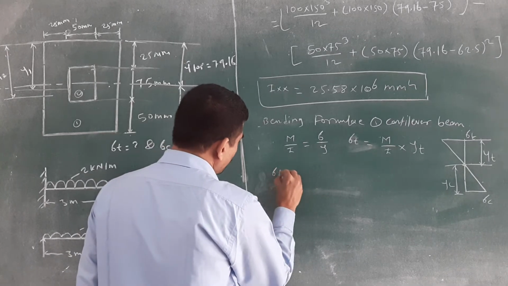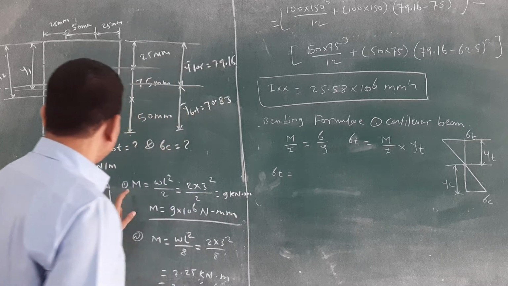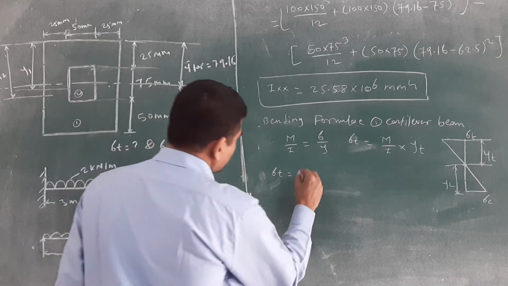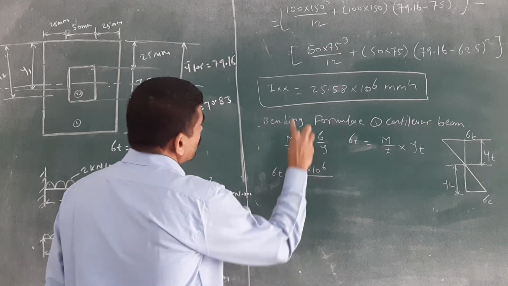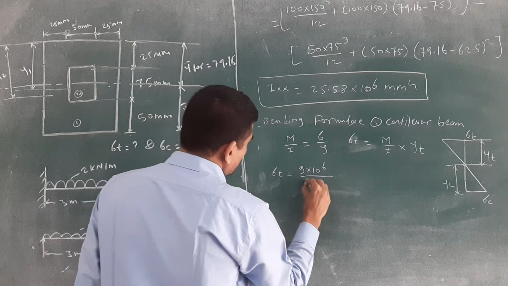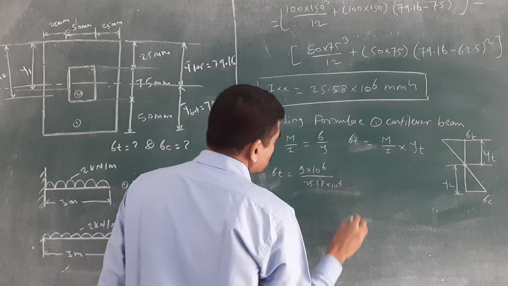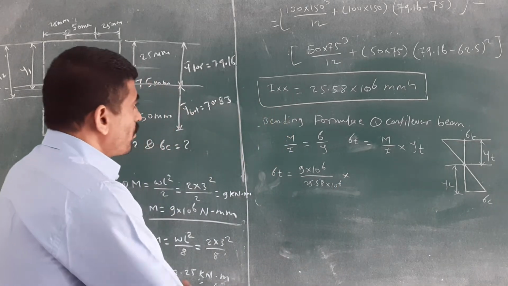We want to calculate sigma t is equal to, what is the M value? M we have calculated here, M is equal to 9 into 10 raised to 6 Newton mm. What is the value of Ixx? 25.58 into 10 raised to 6, into Yt. What is the value of Yt?